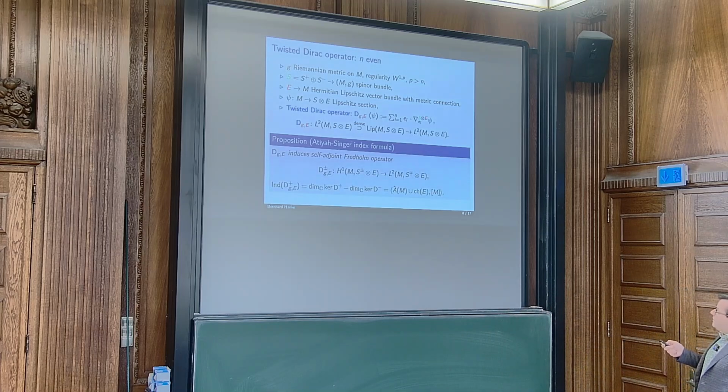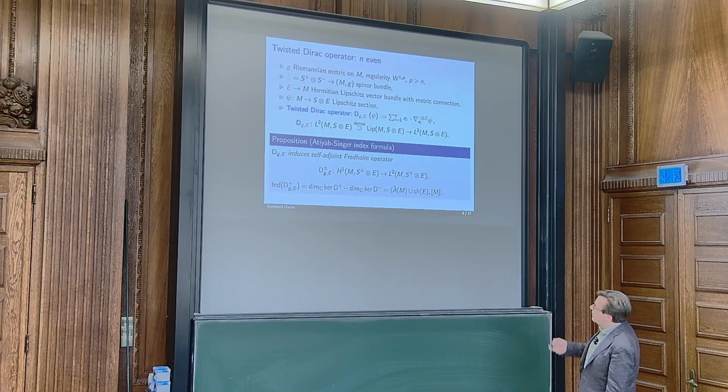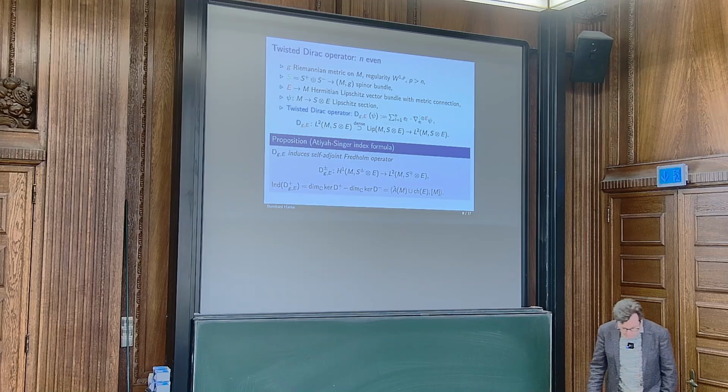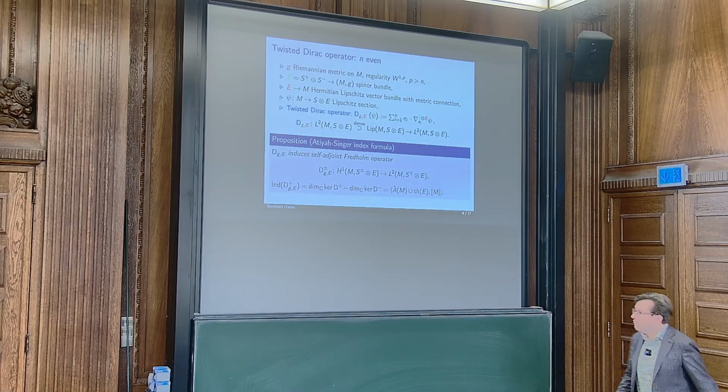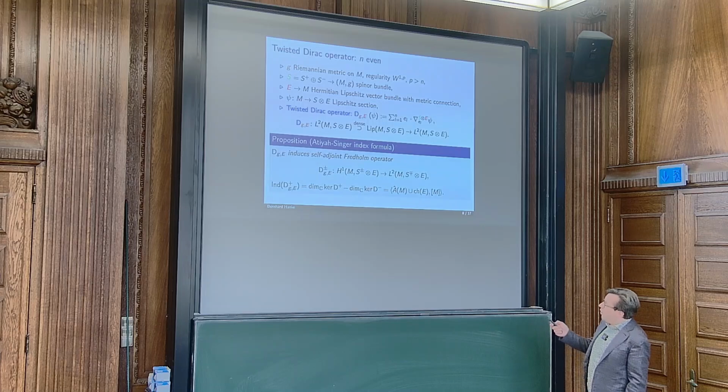Then we write down the twisted Dirac operator by exactly the same formula. Here we have the covariant derivative, and here the Clifford multiplication with the ith vector in an orthonormal frame. This defines a linear differential operator of first order on the Lipschitz sections of this bundle S tensor E.